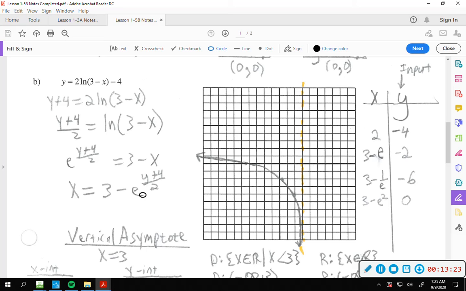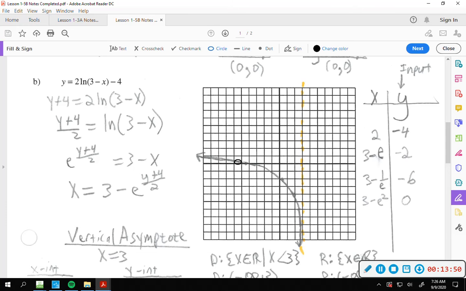So 3 minus that is going to be somewhere between 2 and 2.5, and if it's a third, 2 and 2/3, right? So a little bit more than 2.5. That's what that value is. So if I go to the right about 2.5, I'm going down to negative 6.